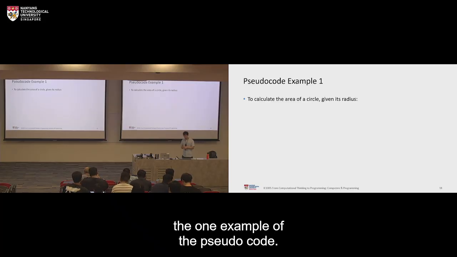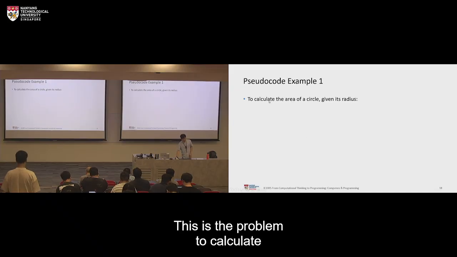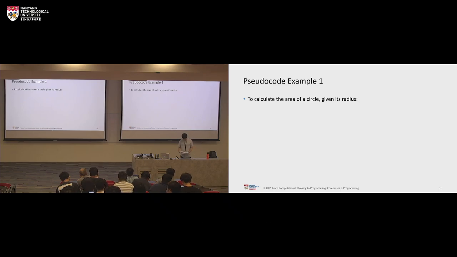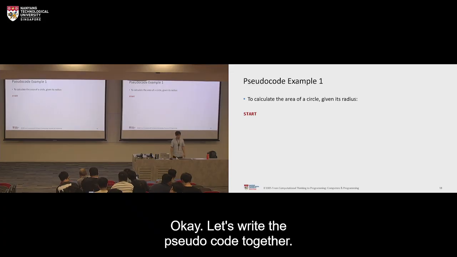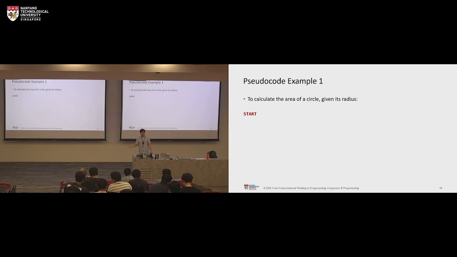Okay, then I would like to give you one example of pseudocode. This is the problem: to calculate the area of a circle given its radius. Let's write the pseudocode together. The first step, start your program.